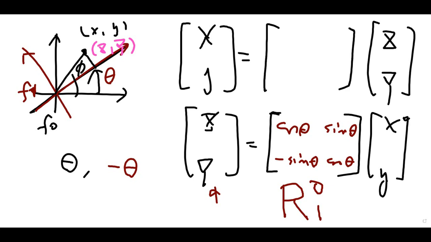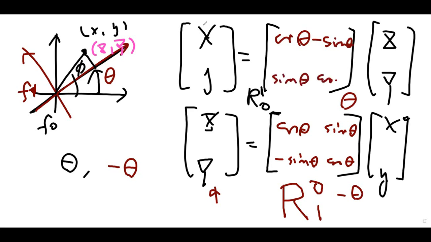I will need a matrix. This one is my rotation matrix of frame 1 with respect to frame 0. This one is minus theta, so it rotates back, using theta. So again it becomes cosine theta, sine theta, minus sine theta, cosine theta.